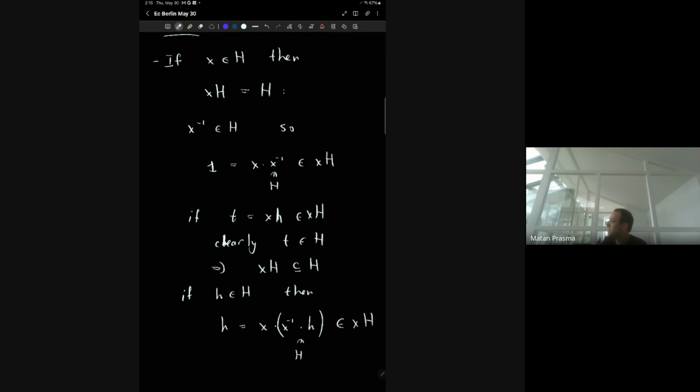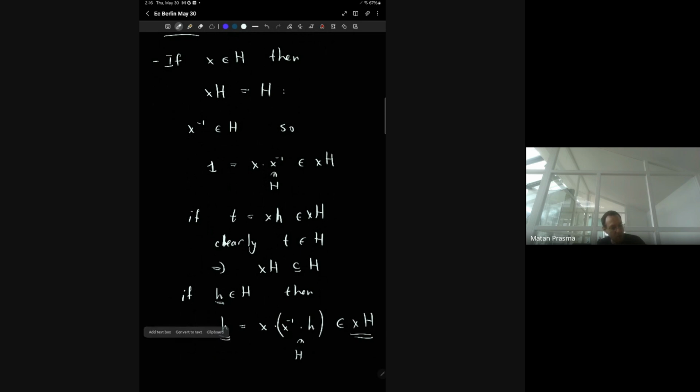X minus 1 is in H because X is in H and H is a subgroup. Little h is assumed to be an element in H. And since H is a subgroup, the product of two elements in H is in H. So I can write small h as X times another element in H. And hence, small h is in fact an element of the left coset XH.